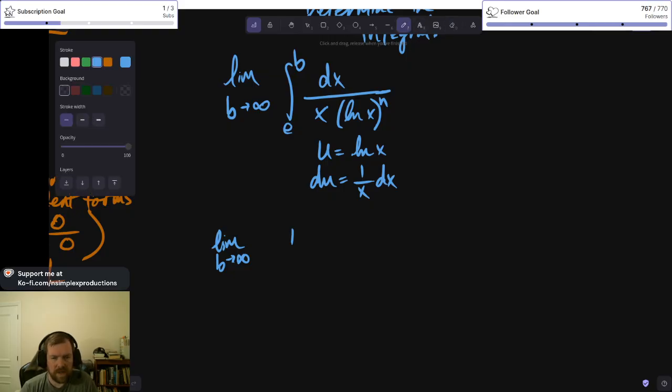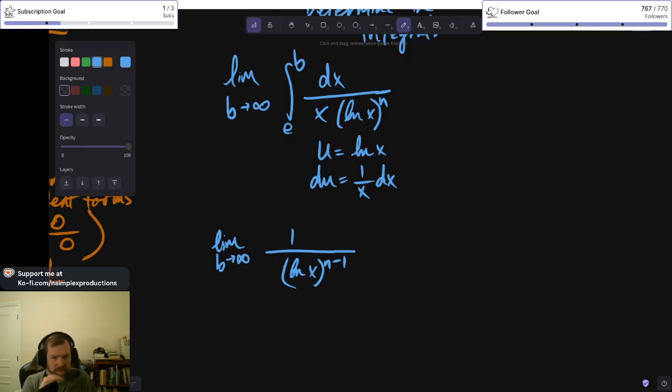This is going to be 1 over natural log of x raised to the n minus 1, because when we do integrals, we're going from a particular power to 1 plus that power.